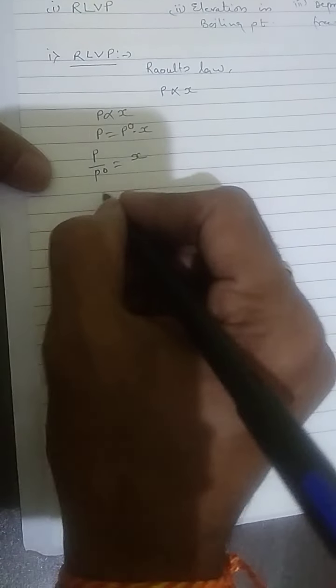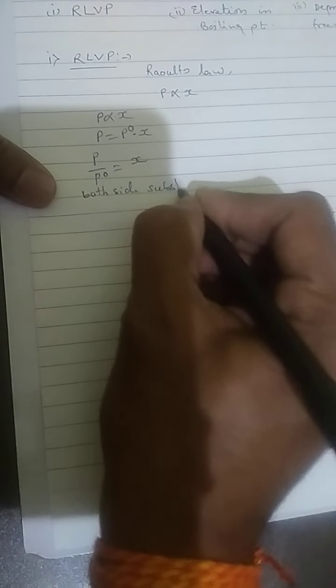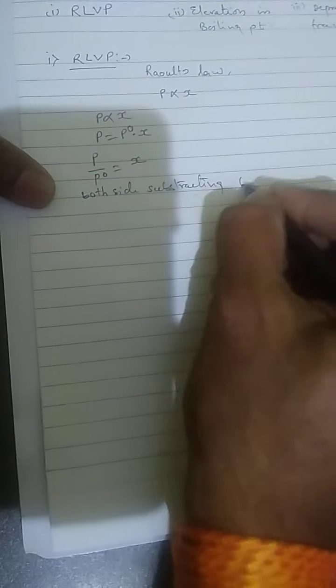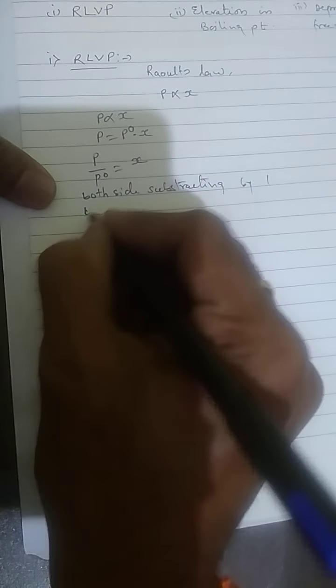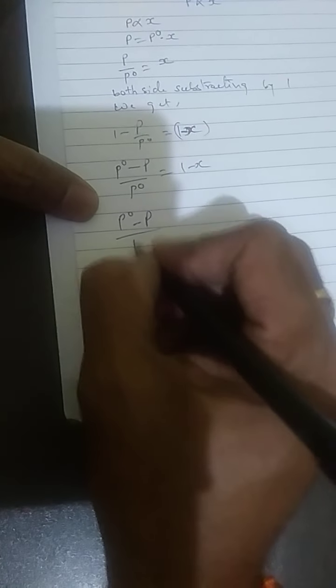So if I am subtracting 1 from both sides, we will get 1 minus P upon P naught is equal to 1 minus X. So on solving this, P naught minus P upon P naught is equal to 1 minus X. So you can write here P naught minus P upon P naught is equal to mole fraction of solute, right?